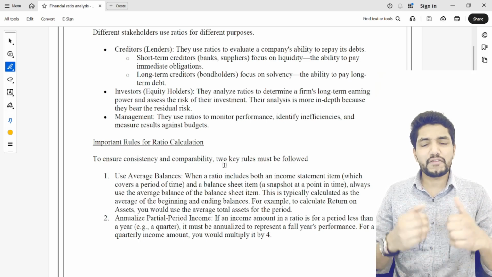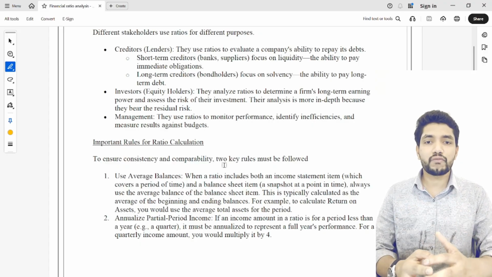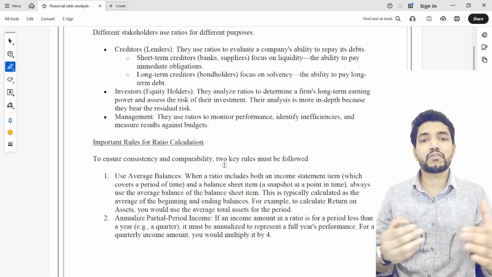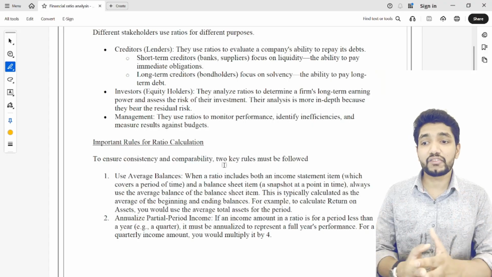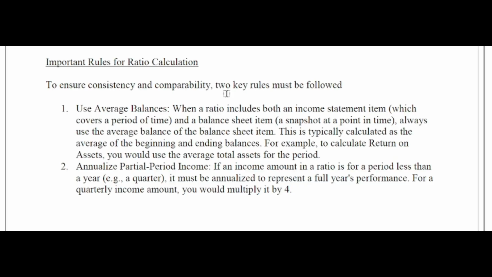For example, if you are preparing a financial ratio using one value from the income statement and another value from the balance sheet, it is better to use the average of the balance sheet item, because the balance sheet represents a point in time, but the income statement represents a period of time. So to match these two, you should always use the average of the balance sheet item.